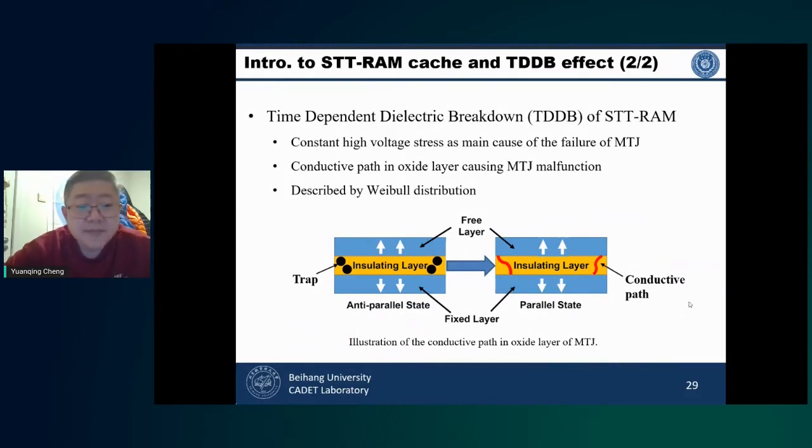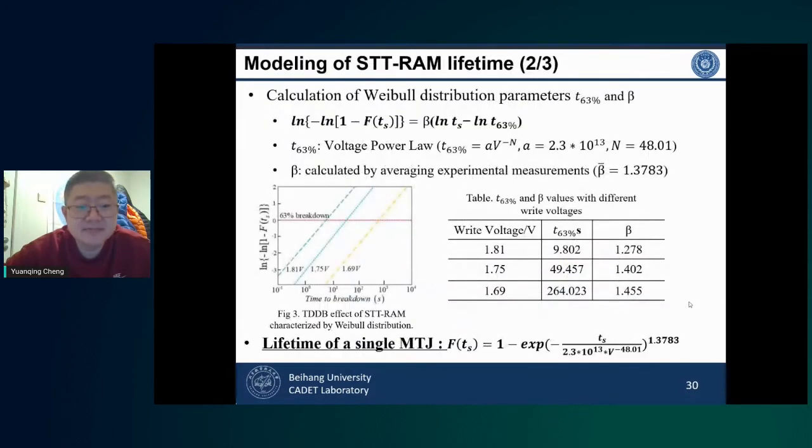One, it can be caused by the constant high voltage stress that can cause a conductive path in the oxide layer, causing the MTJ malfunction. For this TDDB malfunction problem, it can be described by the Weibull distribution. That is the very typical distribution used to characterize the reliability of semiconductor devices.